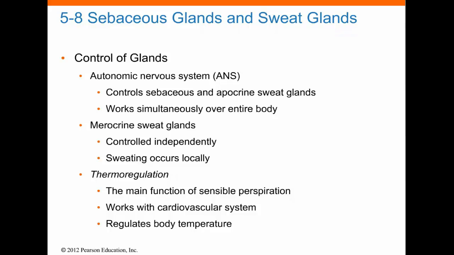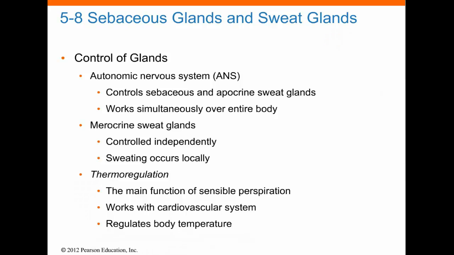Also involved in thermoregulation. The main function of sensible perspiration is when you get perspiration forming across your forehead, that is the way your body is saying we're very hot at the moment and we need to cool down by allowing this perspiration to form on the forehead and the breeze to blow it away, thereby causing loss of heat by evaporation.